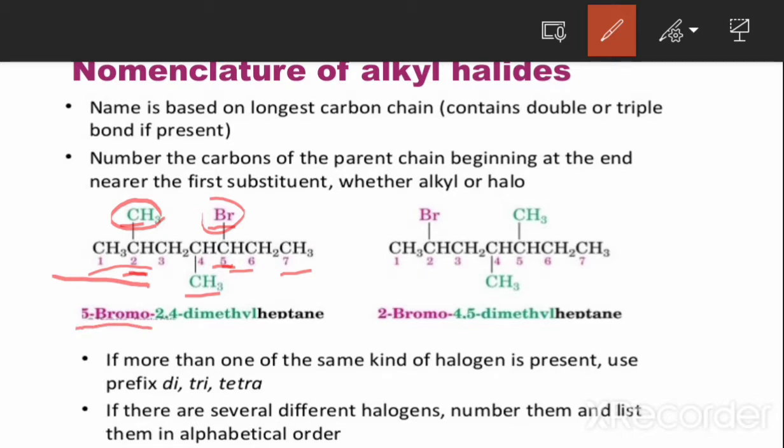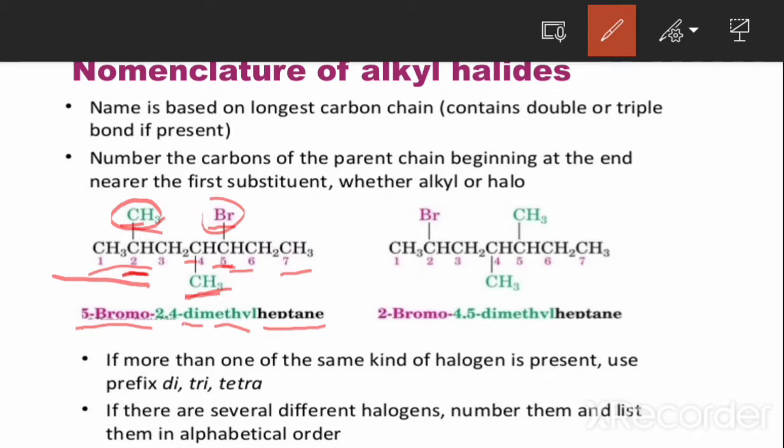And because of two similar groups, we will name them at carbon numbers 2 and 4. There are two methyl groups, so we will add dimethyl. And the longest chain contains 7 carbon atoms, which will be named heptane.